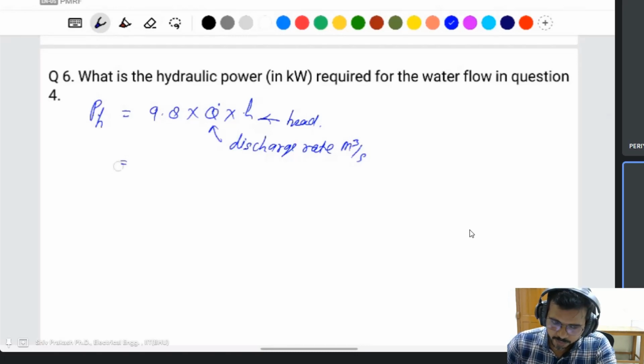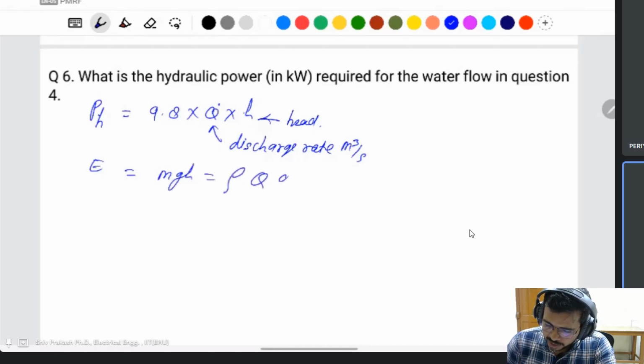Power, you know about the energy is mgh, where m is rho into Q, so rho Q g h, where rho is the water density and Q is the total water discharge.